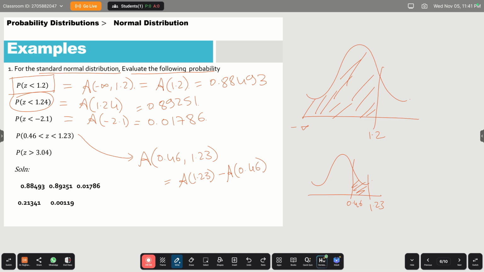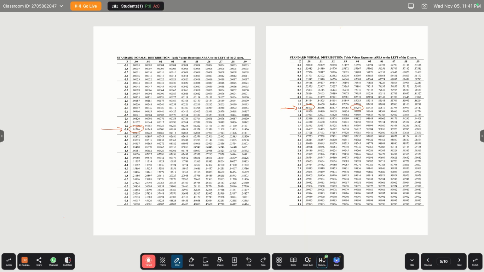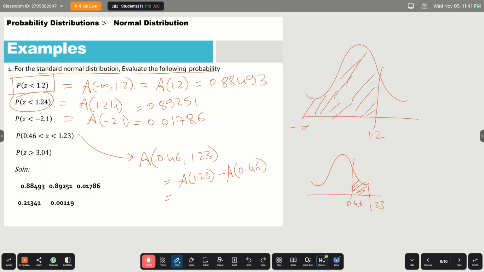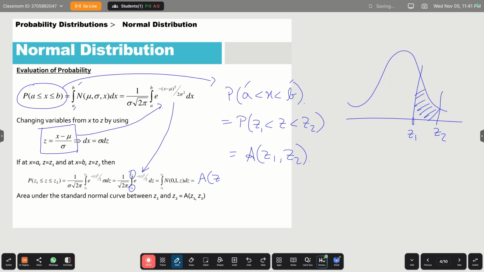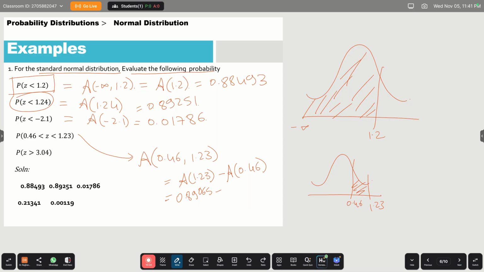The area up to 1.23 is 0.89065. And if you subtract the area up to 0.46, which is 0.67724, you will get 0.21341.